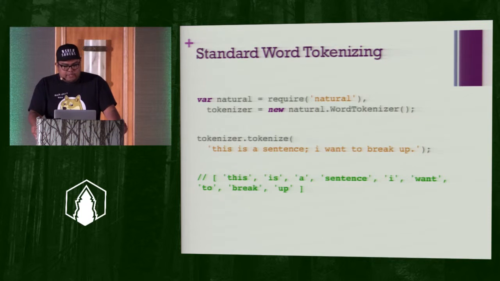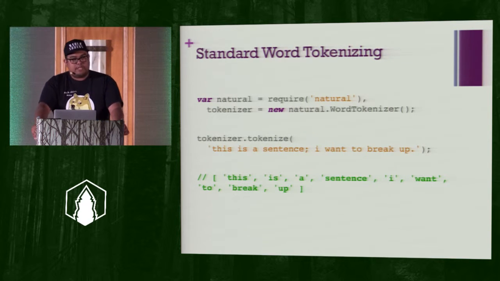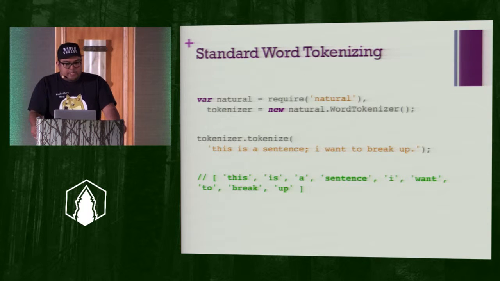There's an NPM package called Natural that can provide a few different word tokenizers. This one here is a pretty simple word tokenizer. All it does is split up your input text based on white space and different punctuation. When you provide a sentence, it'll spit it out as an array of strings. In this case, it turns it into 9 tokens.